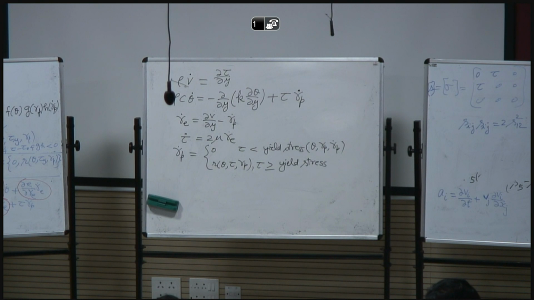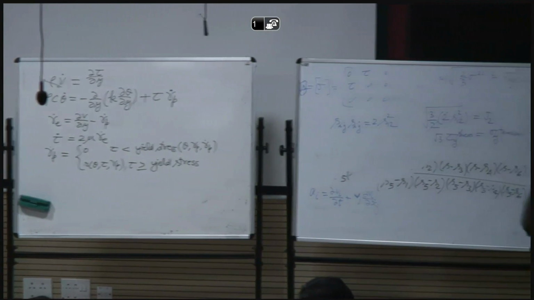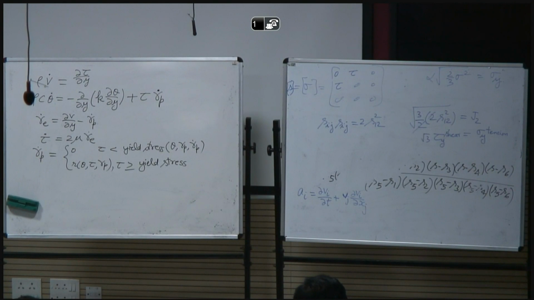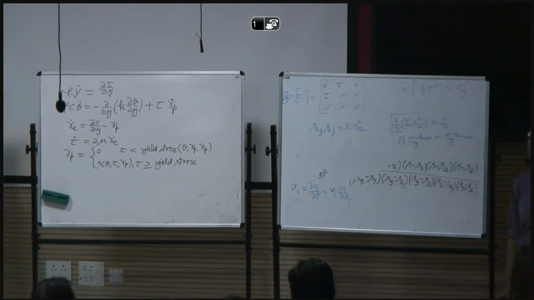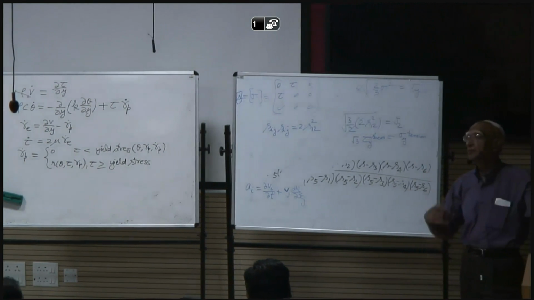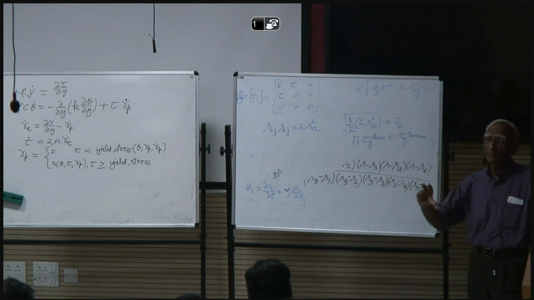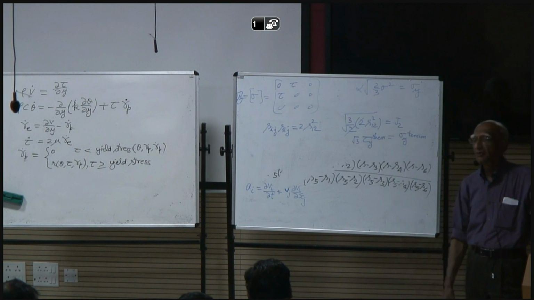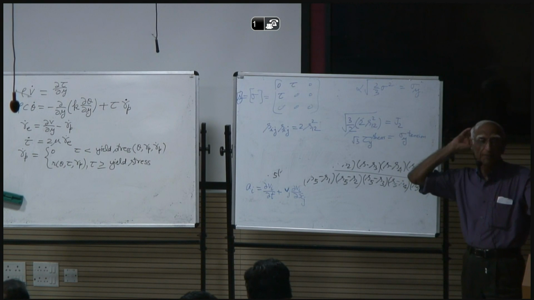So basically what you do is you find this yield stress at the previous time step and use it for the current time step to check if the material is going to deform elastically or plastically, and then you do one more iteration within the same time step before you march forward in time.